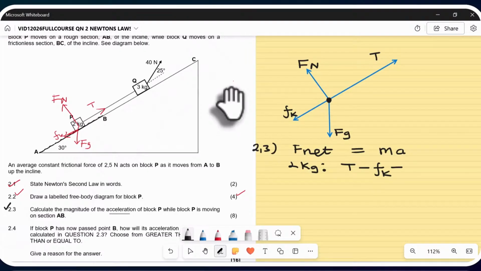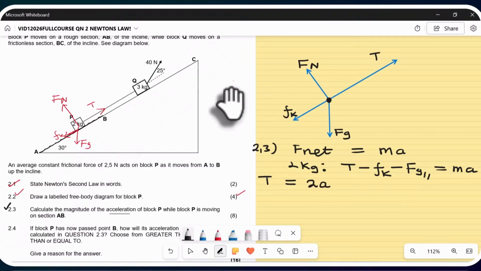If I do substitute here, the tension, I don't know it yet, I'm going to say T. The Fk I know. The m is 2, so it's going to be 2a. Now the Fk becomes positive, we can say plus Fk, which they said is 2.5 newtons here.